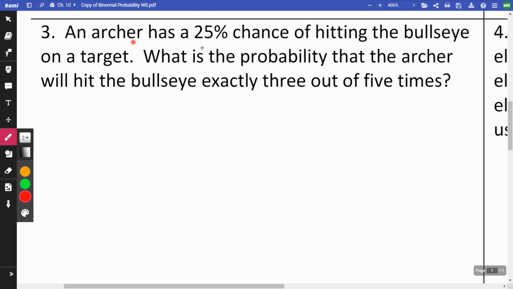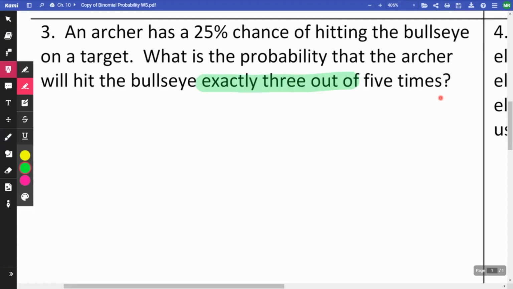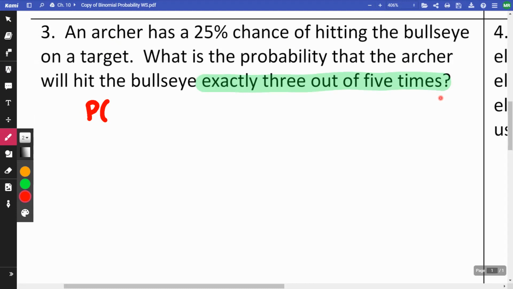So an archer has a 25% chance of hitting the bullseye on a target. What is the probability that the archer will hit the bullseye exactly 3 out of 5 times? Okay, so exactly 3 out of 5 times hit the bullseye. So the probability of a bullseye is 0.25.